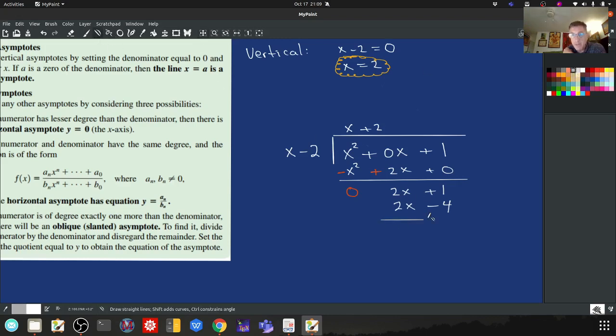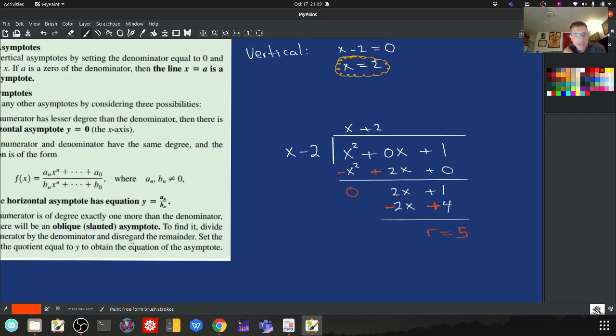We are definitely going to have a remainder. So we go ahead and we change our signs. That becomes a minus, and that becomes a plus. And our remainder is 5. The remainder is equal to 5.